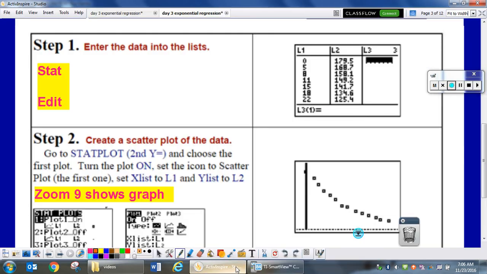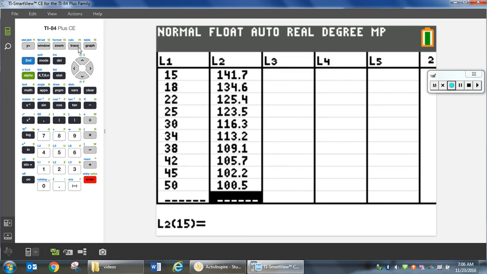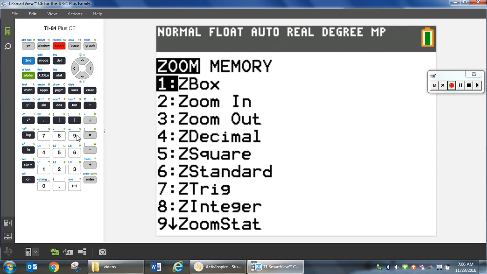Okay? All right, and then if you want to see the graph of that data, you can hit zoom 9.